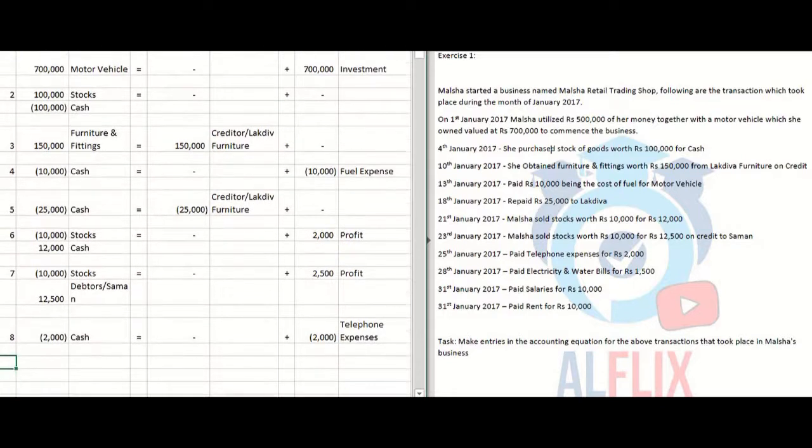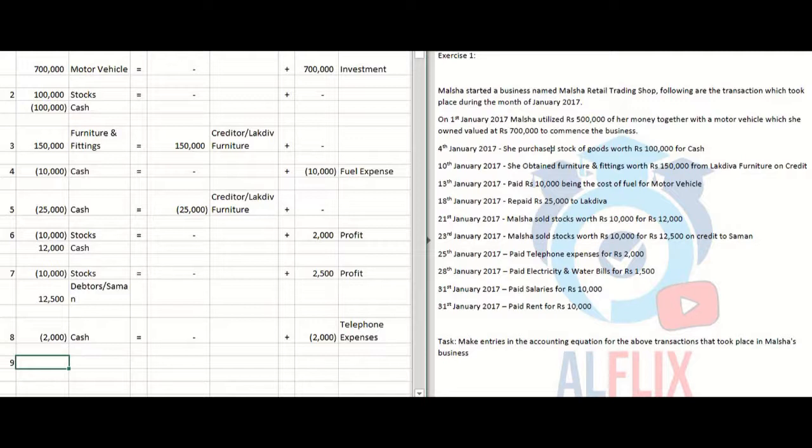Transaction number 9. 28 January 2017, paid electricity bills and water bills for rupees 1,500. So here again the business incurs an expense for electricity and water bills for rupees 1,500, which has been settled or paid.